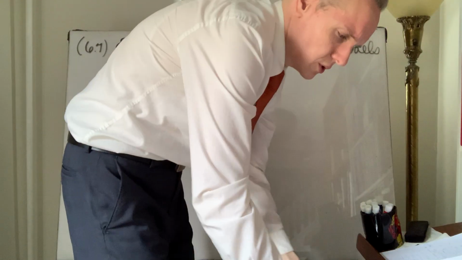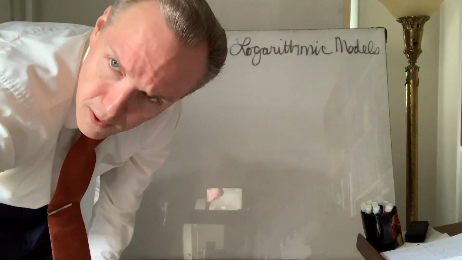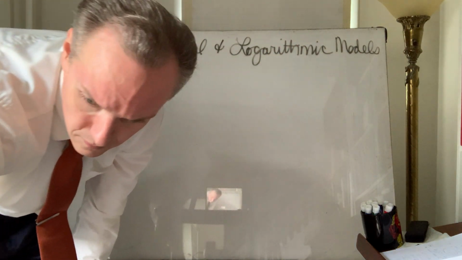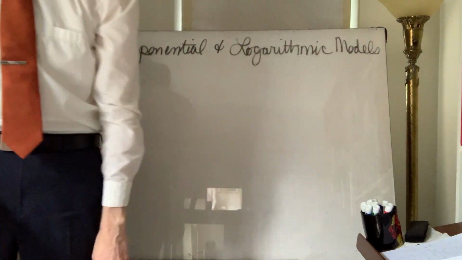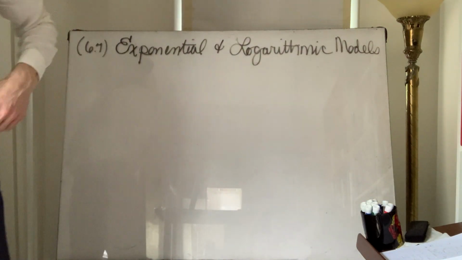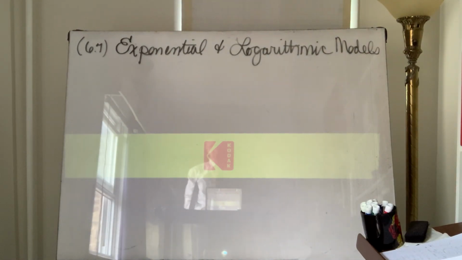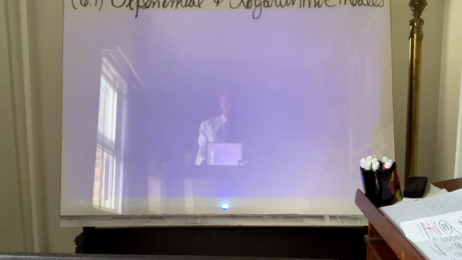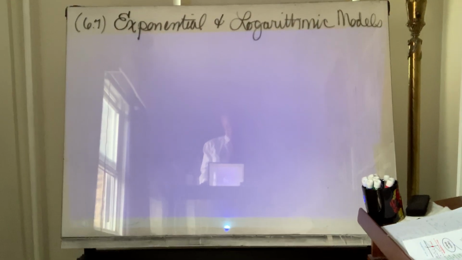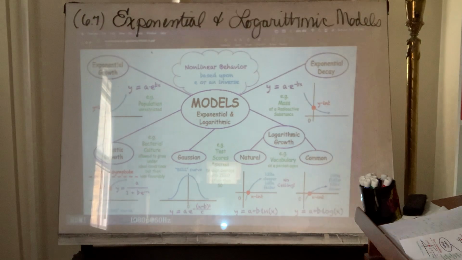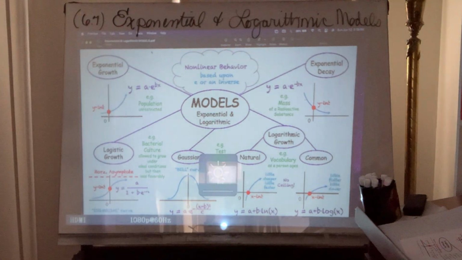Let me move this out of the way and turn on the projector. Let's see. Very good. We're gonna adjust the camera here. Alright. Let's see if that's bright enough.